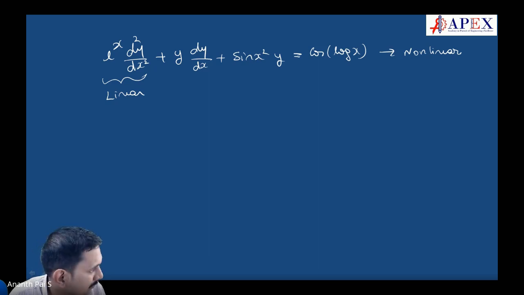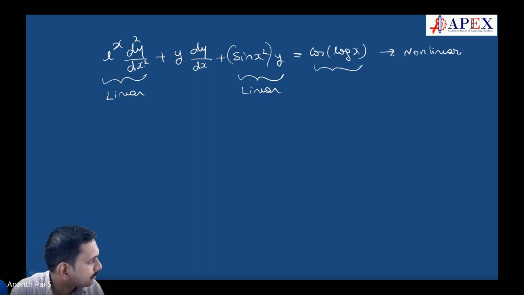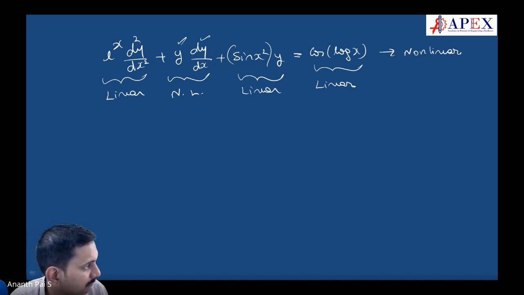It is a linear term. Sin x square into y is also a linear term. But this one is the non-linear term: there is one dependent function multiplied by its derivative.